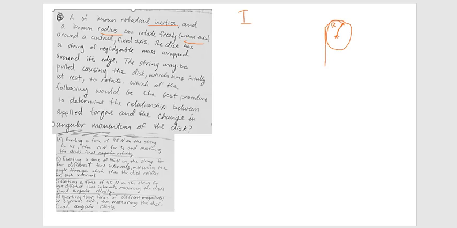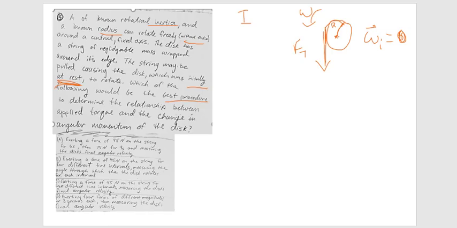So here's the string, which may be pulled, causing the disk, which was initially at rest, always important, the disk is not moving at first, to rotate. So this is a string, so it would do this, that'd be the force of tension. And its initial angular velocity, because it's at rest, is 0. And then it will start to rotate once you pull.